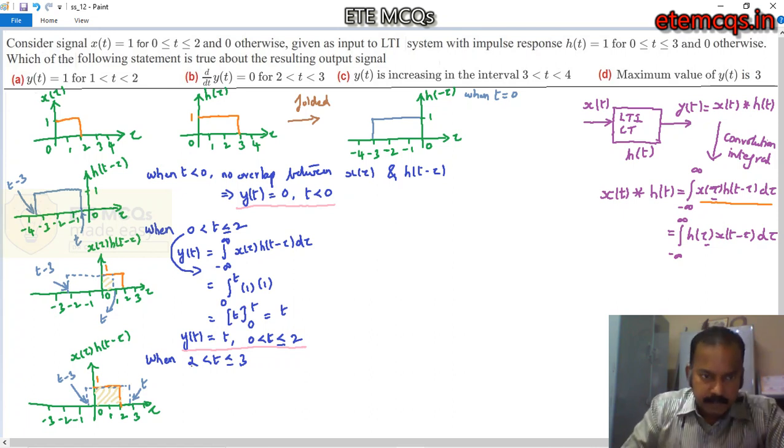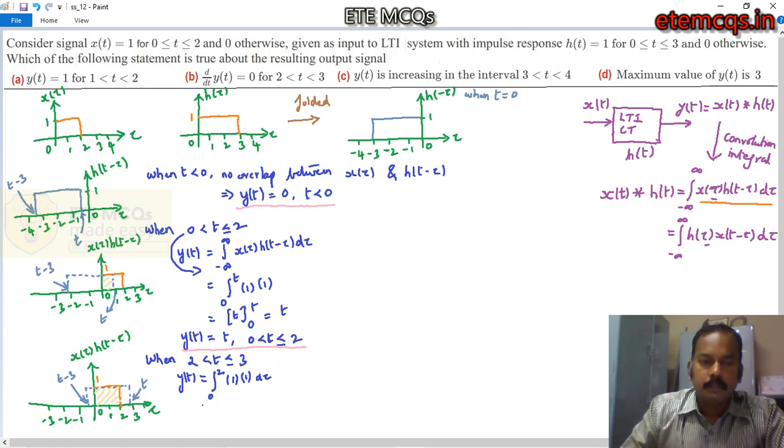So when t is between 2 and 3, the common region of overlap is between 0 and 2. So what happens to y of t? Y of t is equal to integration between 0 to 2. X of tau is again 1, h of t minus tau is also 1, and finally you will have d tau.